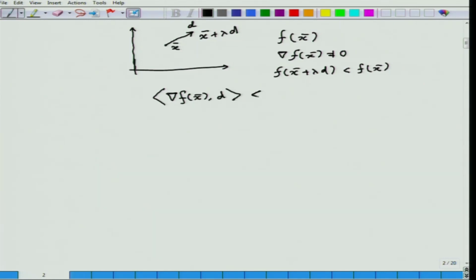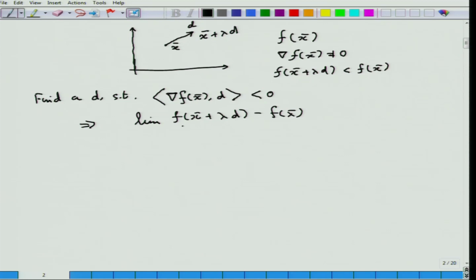Observe that if I can find a d such that this condition is true, then by definition, just writing down Taylor's theorem, nothing else, the difference quotient f of x bar plus lambda d minus f of x bar over lambda is strictly less than 0, where lambda is running down to 0.